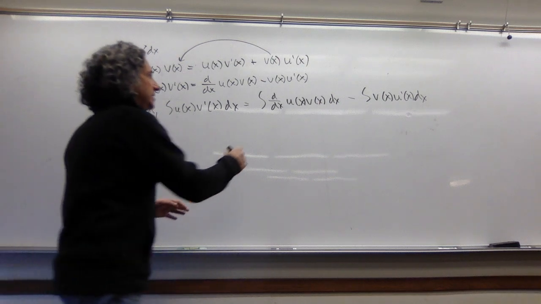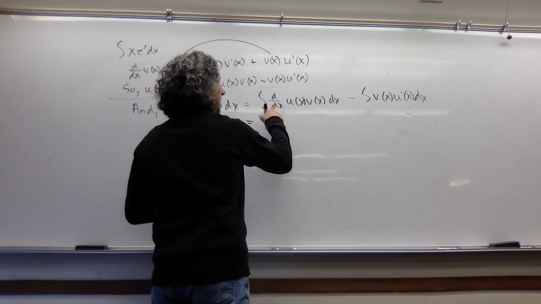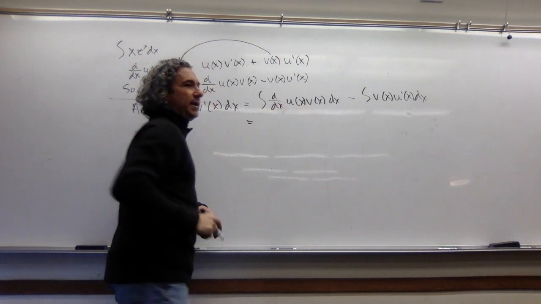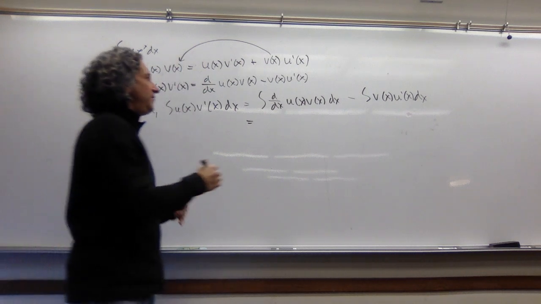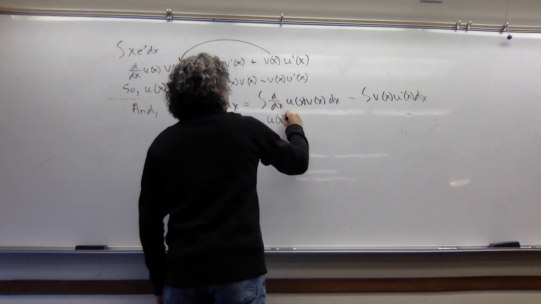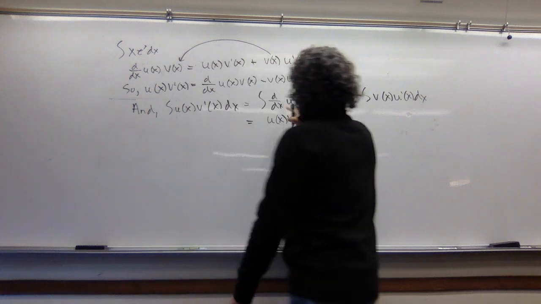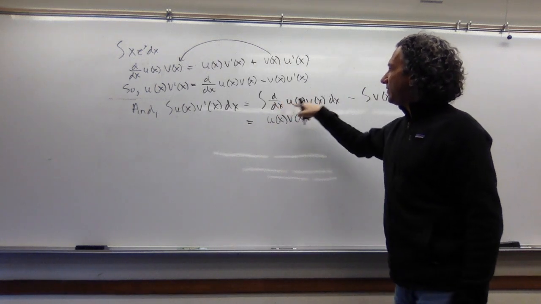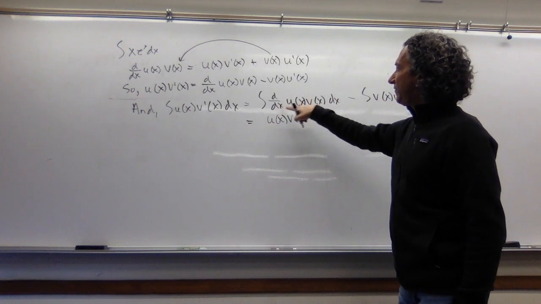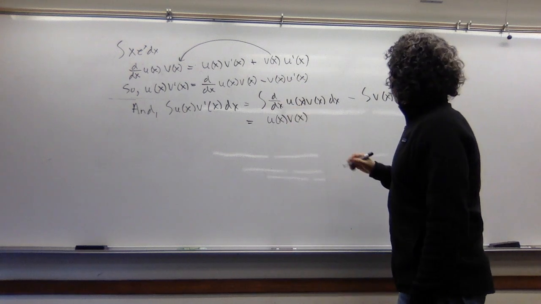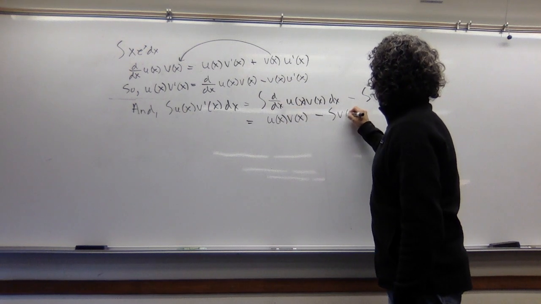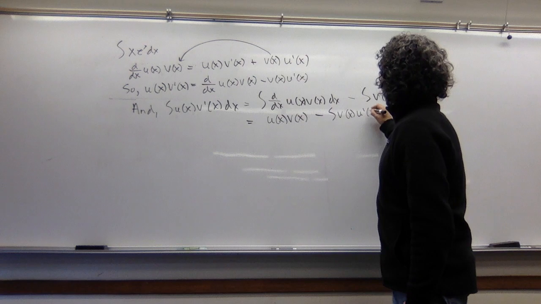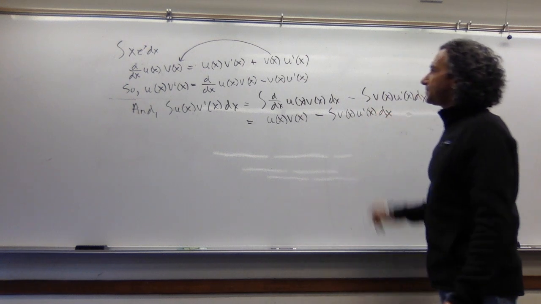And then I notice that I'm integrating the derivative of something. If you integrate the derivative, you're going to get the original function back. We're finding an antiderivative of the derivative. So we're getting this guy back, minus the integral of v of x times u prime of x dx.